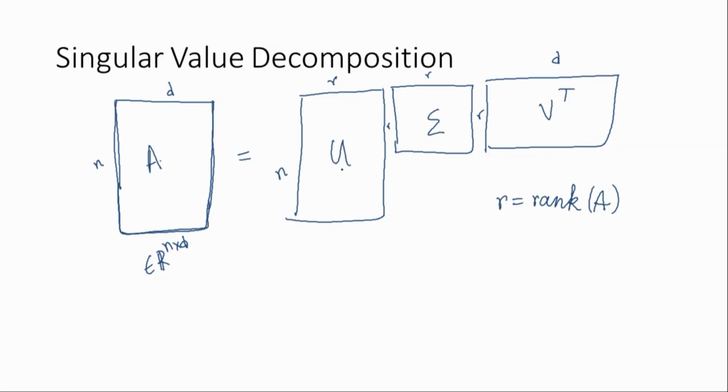What are the special properties? Let's call these matrices U, sigma and V transpose. So sigma is a diagonal matrix. U is going to be of size n by R, sigma is of size R by R, and V transpose is of size R by d, which means that V is of size d by R. Sigma is a diagonal matrix, and the entries are all non-zero.